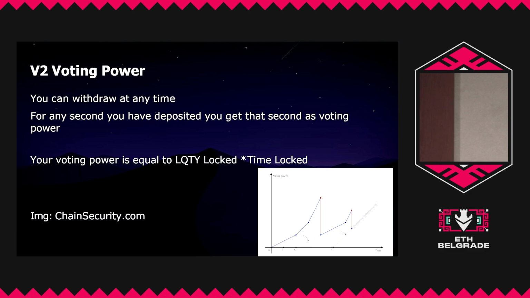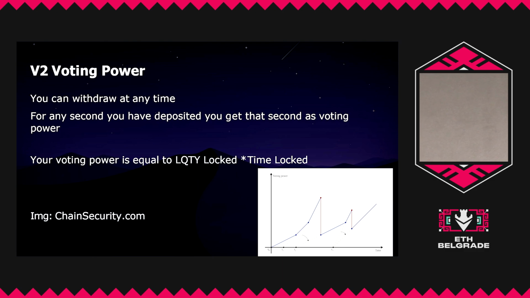And the V2 mechanism looks a little like the chart that you can see provided by Chain Security, where fundamentally, as time passes, you increase in voting power. The slope of these lines is equal to the amount of liquidity you deposited, whereas the value is determined by the amount of time in which you left your liquidity staked.